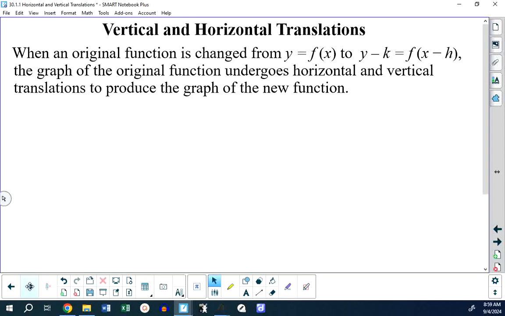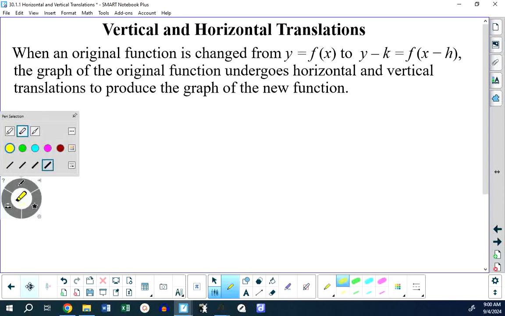When an original function is changed from y equals f of x to y minus k equals f of x minus h, I just want you to notice something, and it's not really important, but some of you might find value in seeing this. What happens here is you're changing x to x minus a number, and you're changing y to y minus a number.